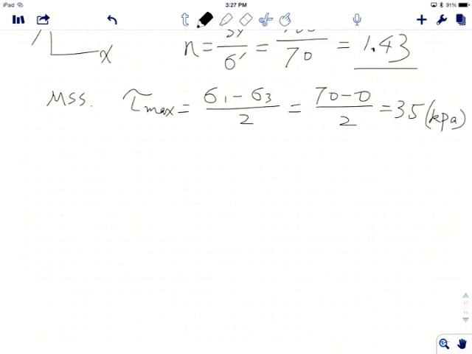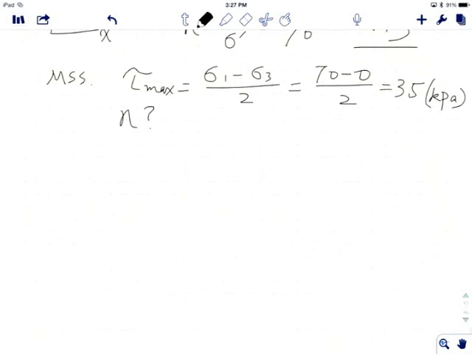Also, we want to find the design safety factor. The safety factor, when you use maximum shear stress, has a parameter of 2 in the denominator. Don't forget that, all right?